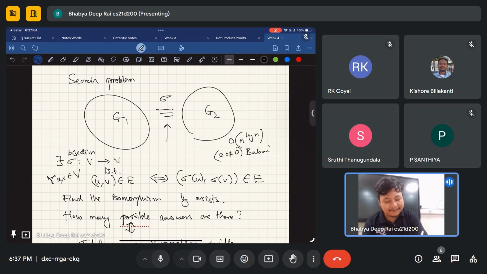Okay, 2015. He gave an n to the log n, which is a pseudo polynomial algorithm. It's still not polynomial, but it's a huge breakthrough. The paper is some 150 pages long, so it's a very non-trivial algorithm.